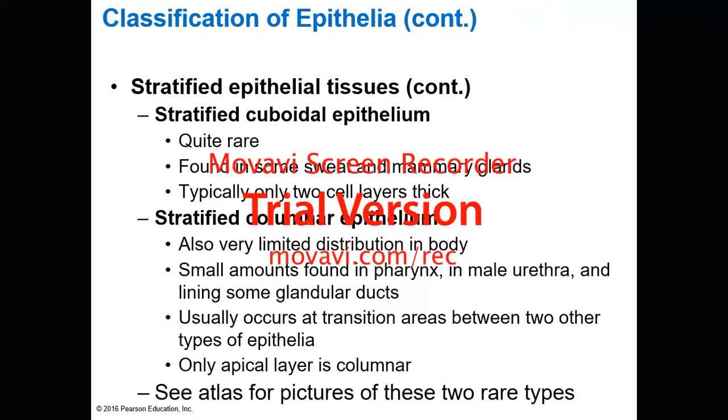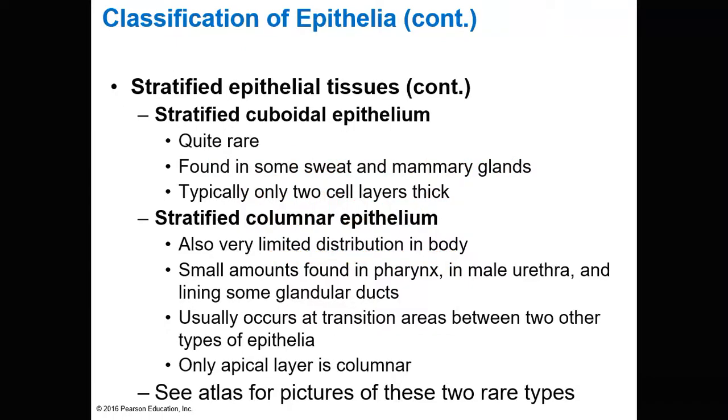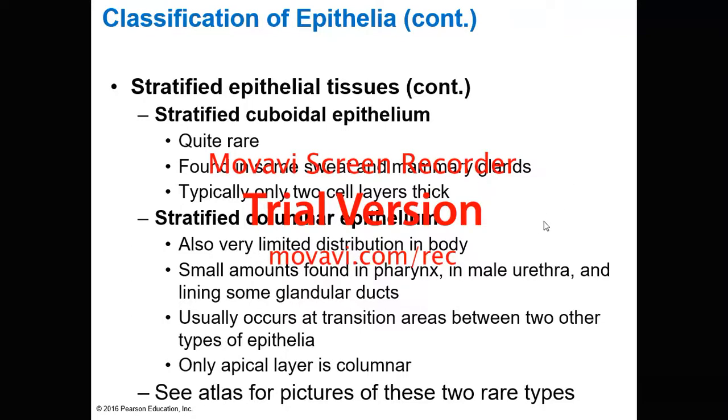A small amount is found in the pharynx, in the male urethra, and lining some gland ducts. It usually occurs at transition areas between 2 other types of epithelia. Only the apical layer is columnar. So again, these 2 types, stratified cuboidal and stratified columnar, are rare.